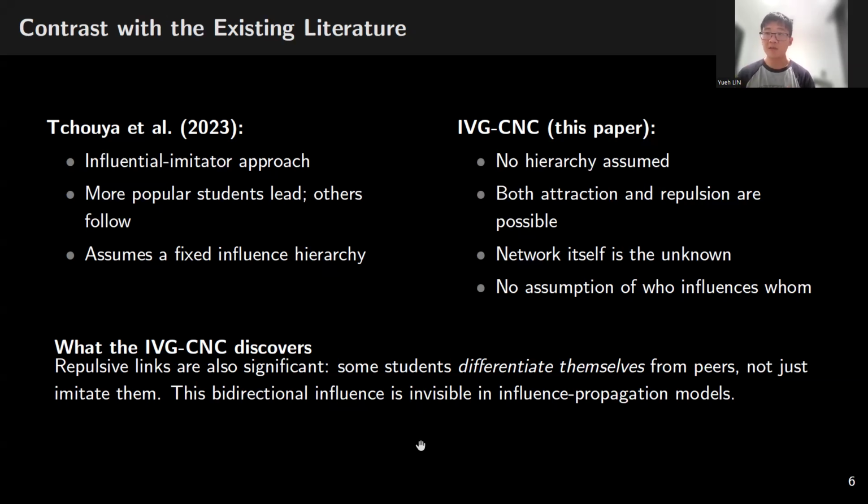And most importantly, both attraction and repulsion are considered informative parts of the model. Some students differentiate themselves from their peers rather than imitating them. This bidirectional influence is structurally invisible in propagation models that only allow positive imitative social interaction.